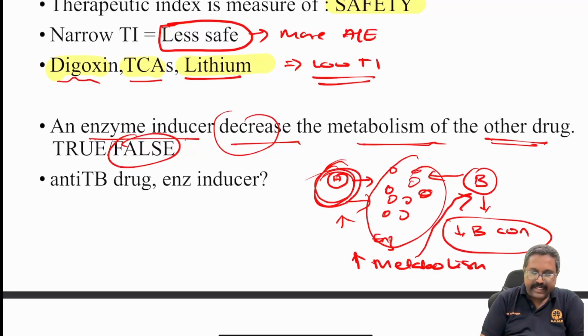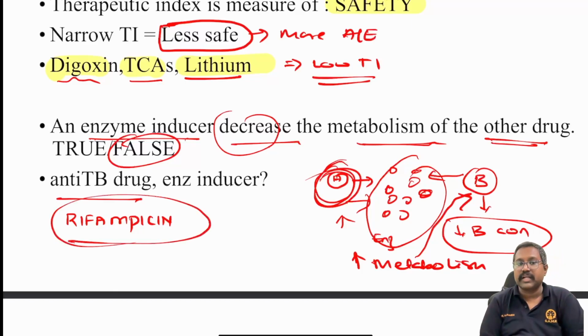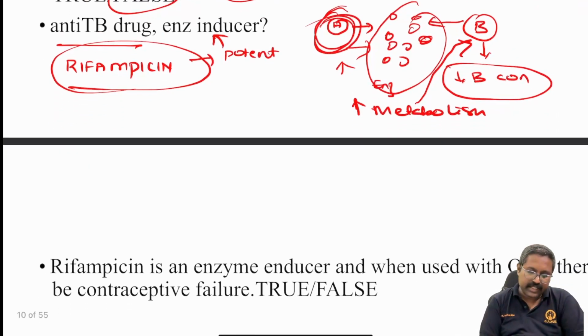So let us take an example among the anti-tubercular drugs. Which is the famous enzyme inducer, which starts with the letter R? That is rifampicin. Rifampicin you need to remember. Rifampicin is a potent enzyme inducer.